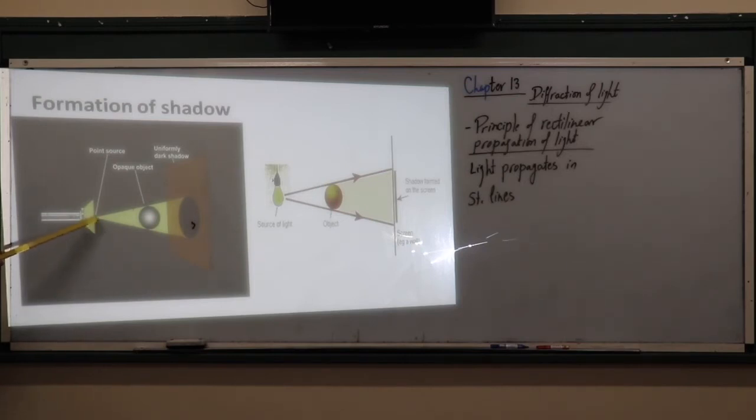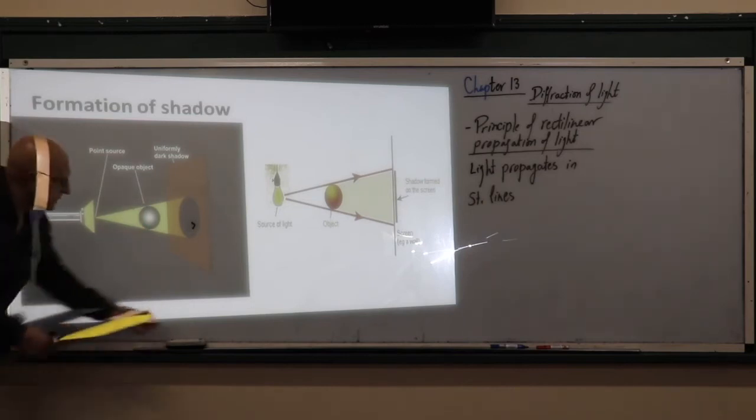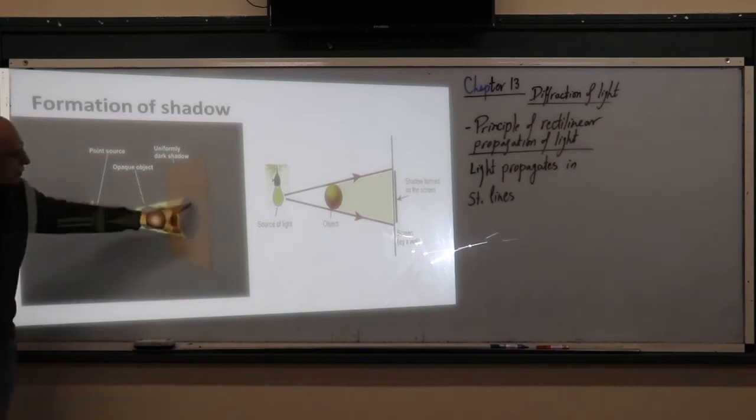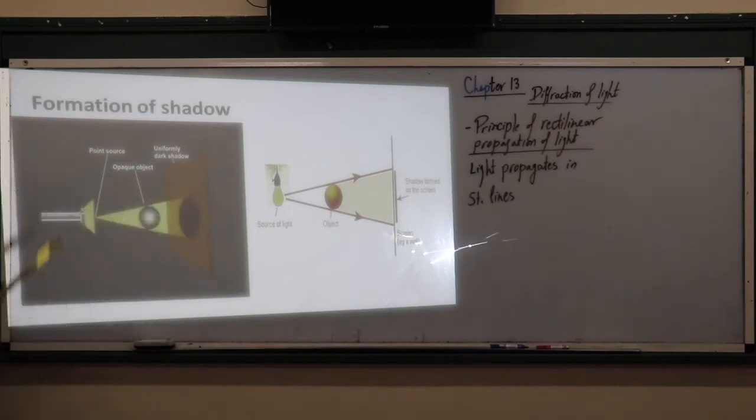The torch emits a beam of light, which is the divergent beam of light, as you see. So when it strikes the object, light cannot penetrate the object, and so it continues to form the shadow here.